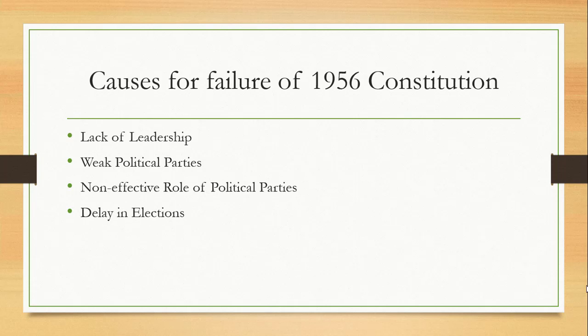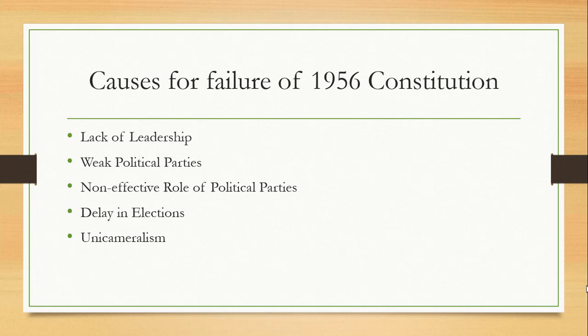Delay in election. Every political party tried to gain power, and no one was interested in election. So in these circumstances, elections were delayed, and such delay caused failure of the parliamentary system under the first constitution of Pakistan, 1956.